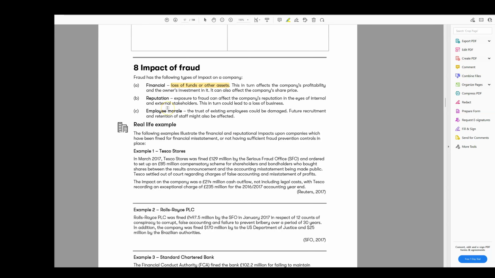Reputation, company reputation could go down because of the fraud. So we can say like the reputation of the company on the eyes of internal and external stakeholder, that will go down, and obviously eventually that could lose in the business.